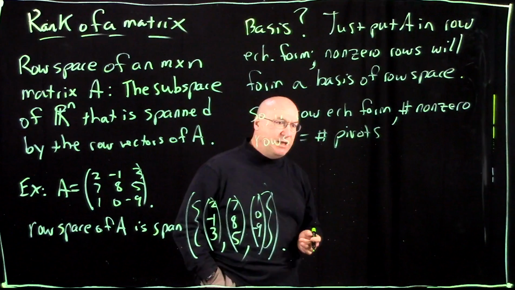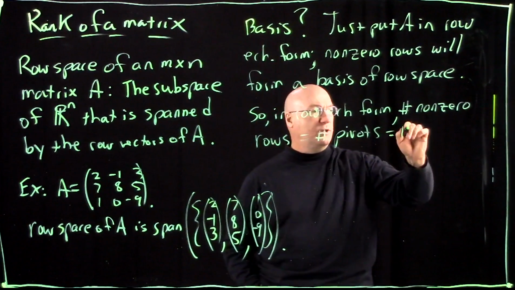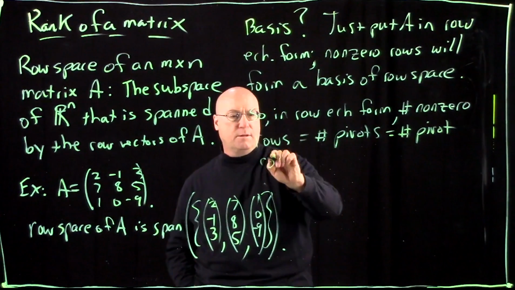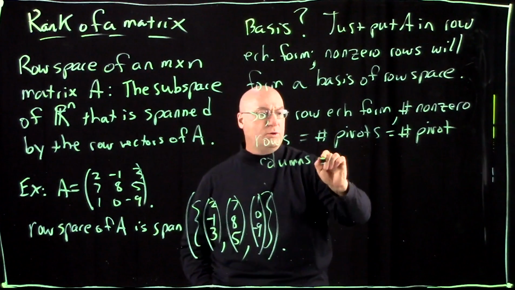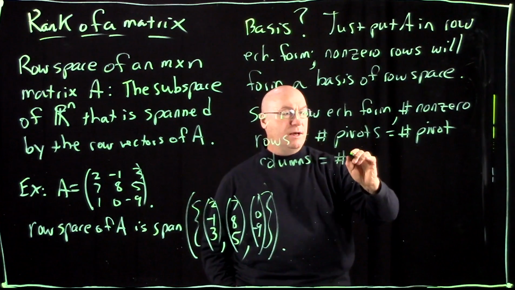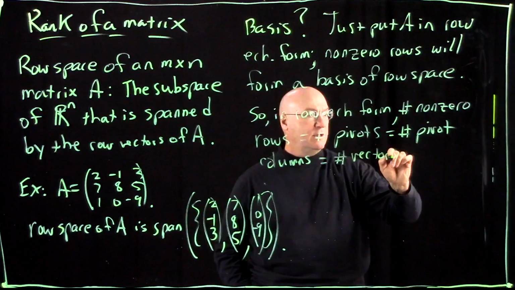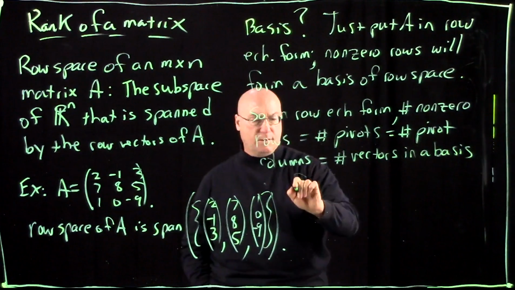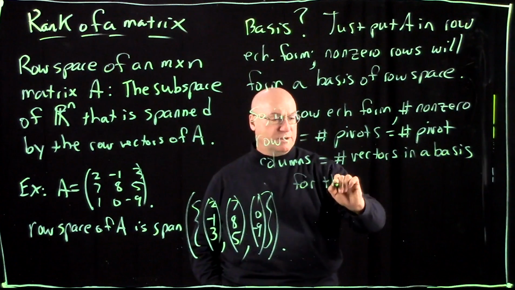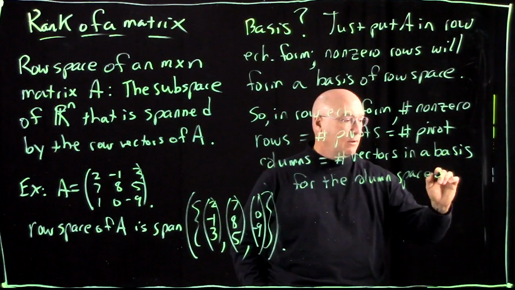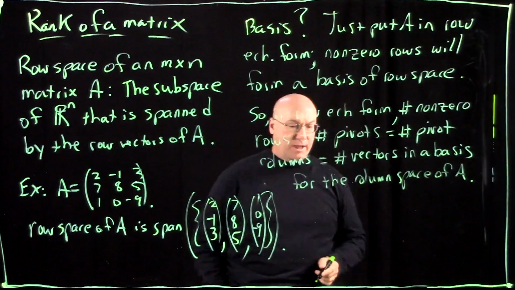So that's the number of pivots, which is equal to the number of pivot columns, which is equal to the number of vectors in a basis for the column space of A.